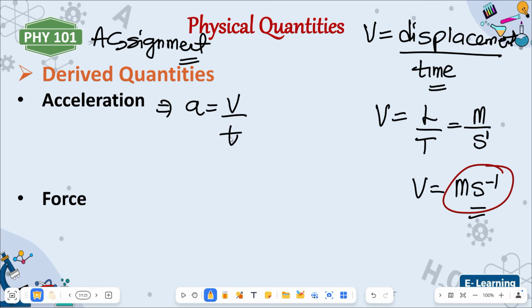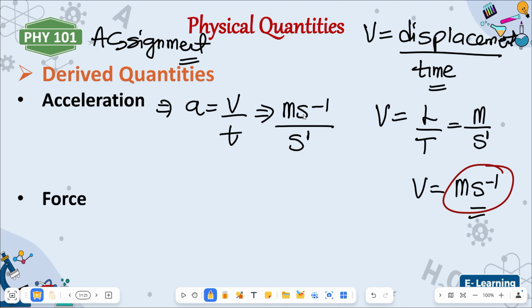That is the reason why I had to do velocity first. Is that understood? Acceleration is velocity over time. So what do you think will be the unit for acceleration? Now, velocity is meter per second, so you just put it in meter per second all over time, which is in seconds, raised to the power of 1, of course.